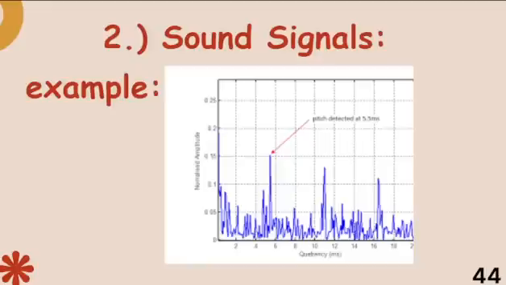Next is the sound signals. Sound signals, whistles, and foghorns are used in low visibility, like fog or rain, to signal a vessel's position or intentions.